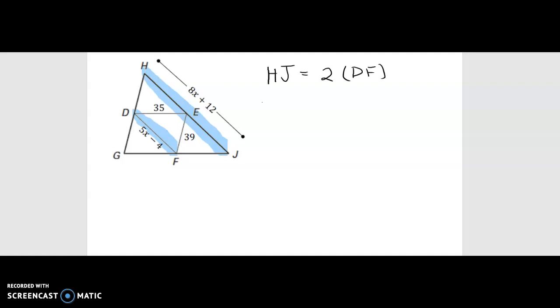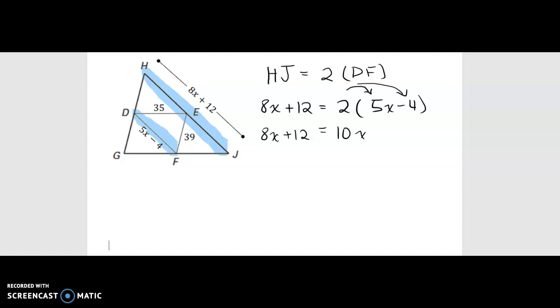And HJ, that's just 8x plus 12, is equal to 2 times 5x minus 4. We'll just bring down 8x plus 12, distribute the 2. So that's 10x minus 8. And then we just want to go ahead and use inverse operations to solve for x.